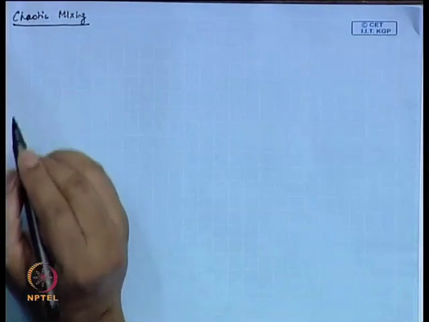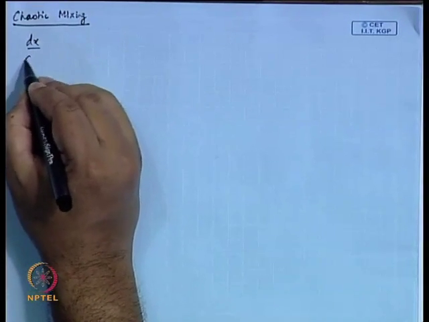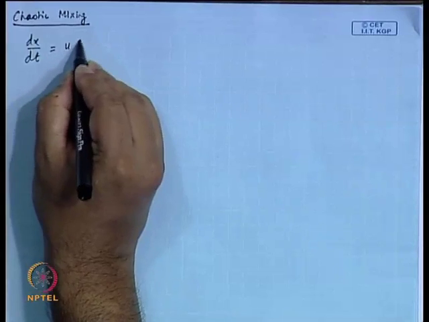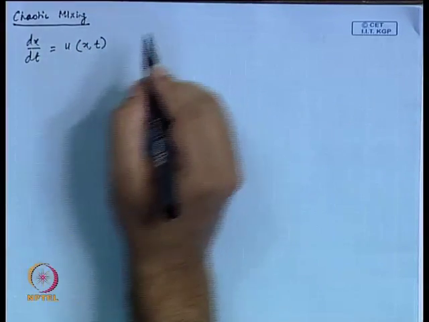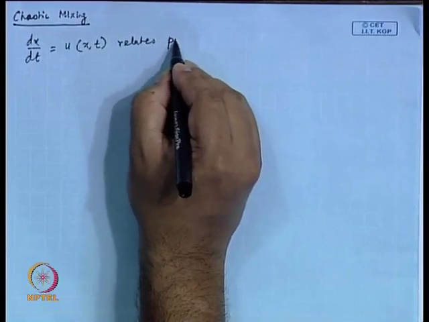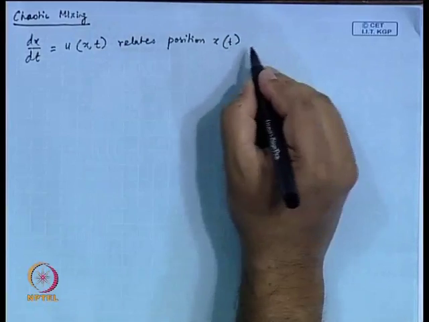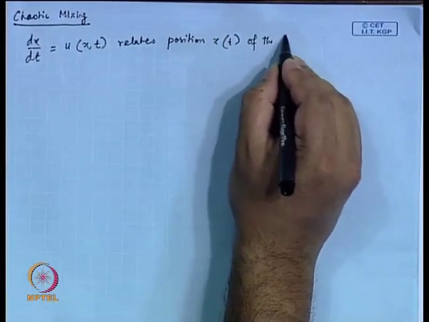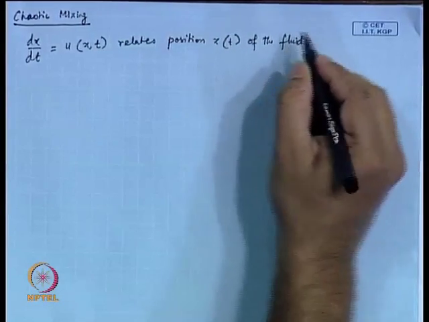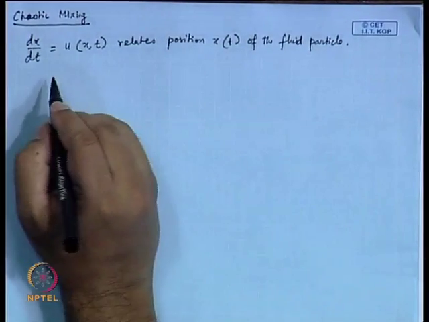Okay. Chaotic mixing. Let us say dx dt is equal to u as a function of x and t, relates position x t of the fluid particle. Okay.